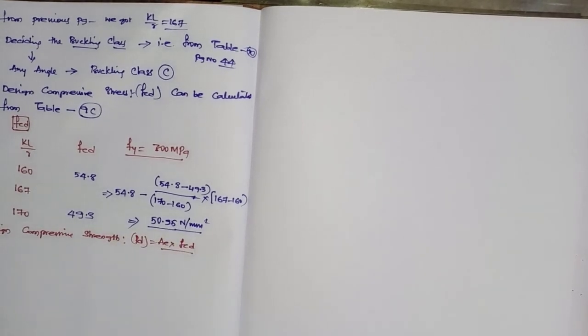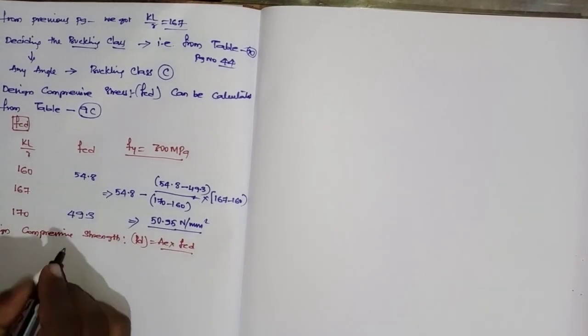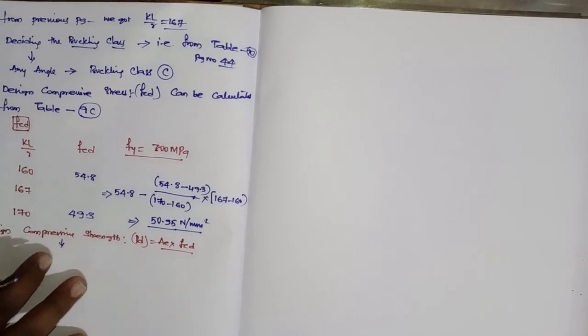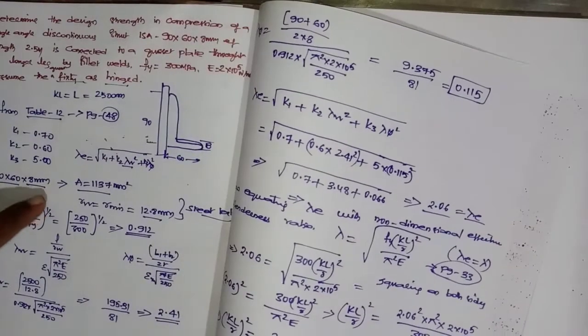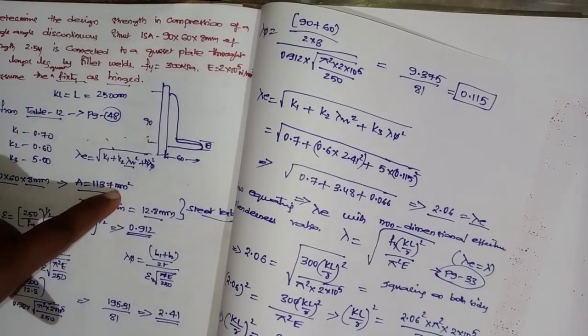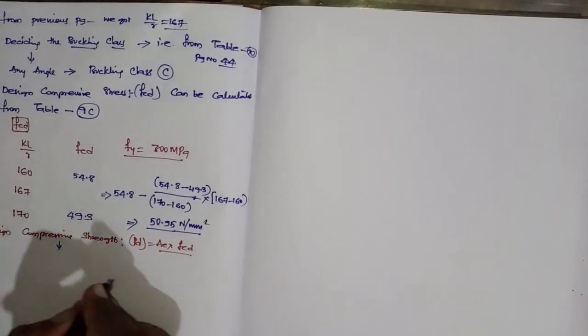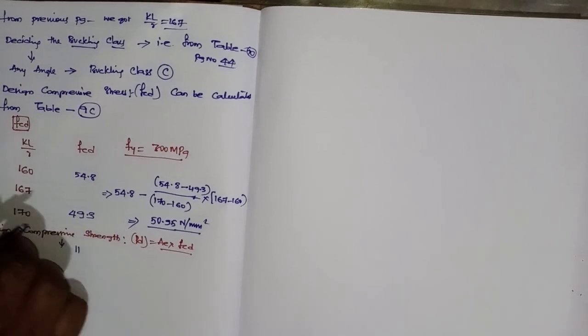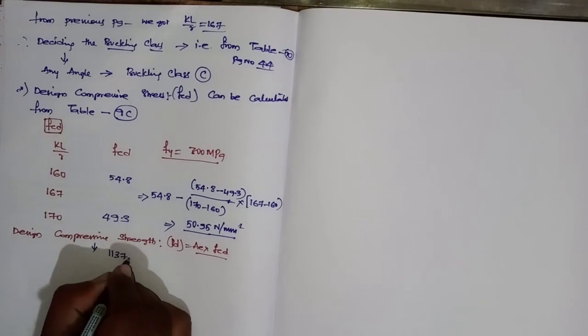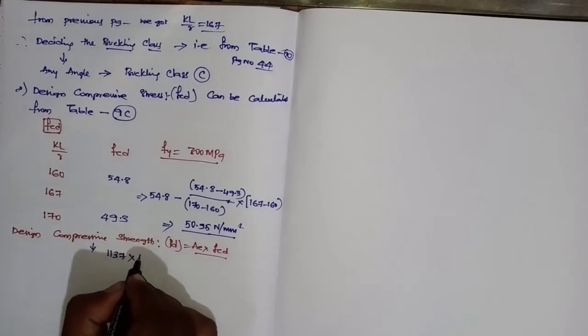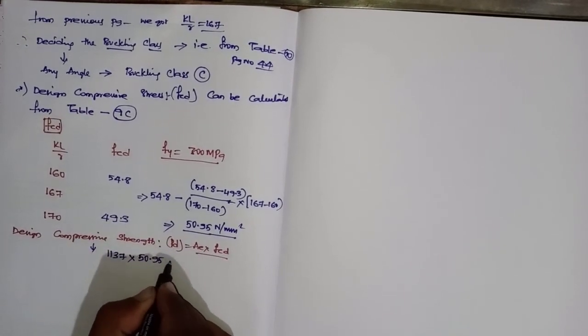Okay, so what is AE from the table? 1137 mm square, into the FCD you arrived at as 50.95.